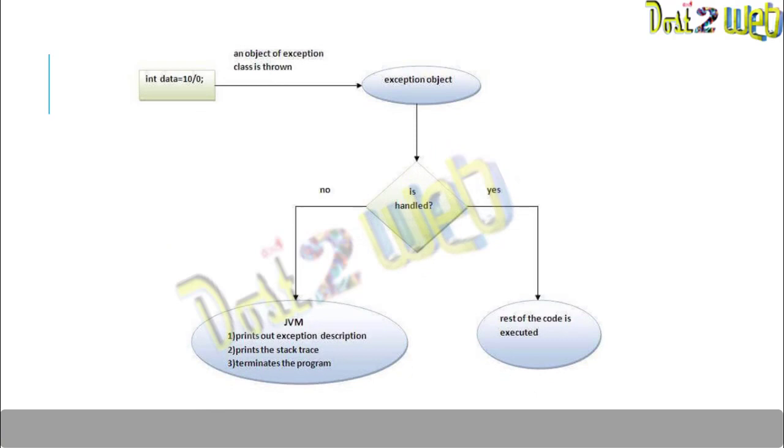Next, what is actually happening when you get the exception? You are giving data, right? Any number which you are dividing by 0. When you are dividing by 0, what will happen? The object of the exception class is thrown. When an exception occurs, it will be thrown.